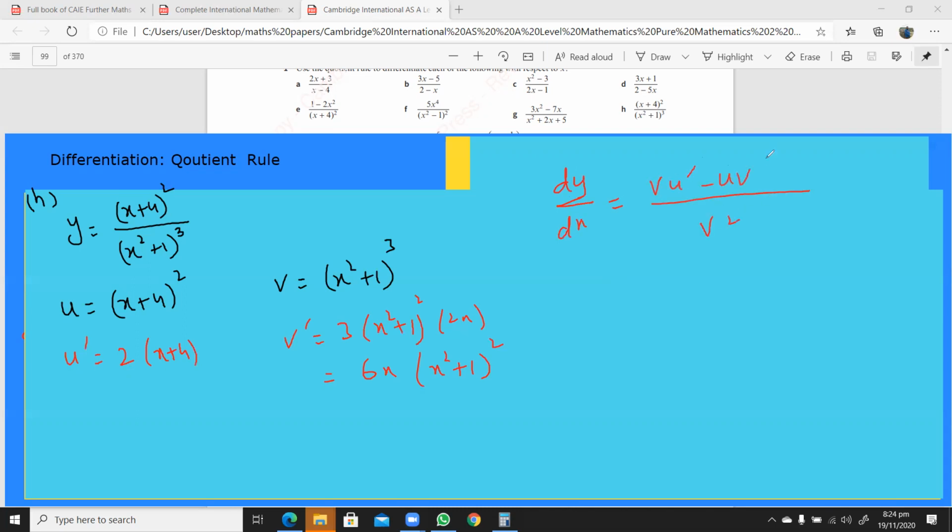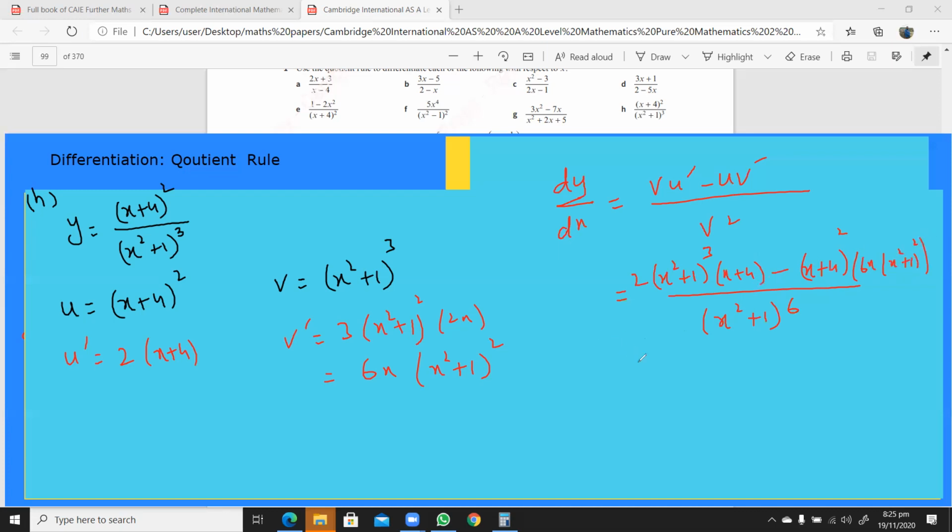So this is going to be (x square plus 1) whole to the power 6 in the denominator, and then v is (x square plus 1) whole cube and your u dash is 2 into (x plus 4) minus u, which is (x plus 4) whole square, and your v dash is 6x into (x square plus 1) whole square.